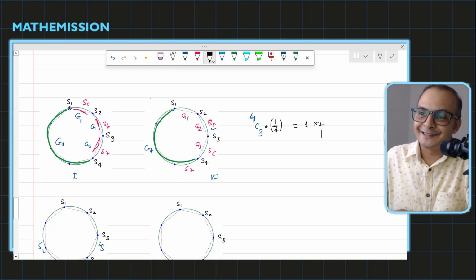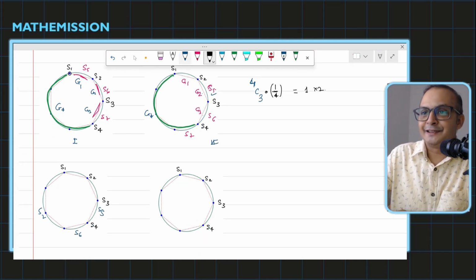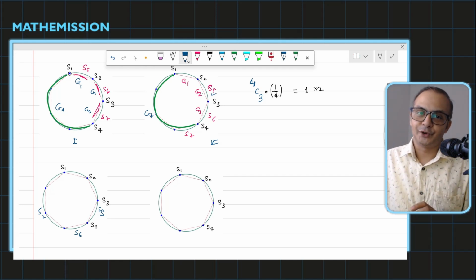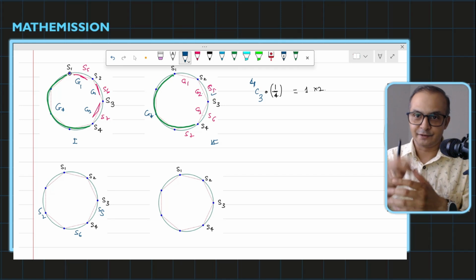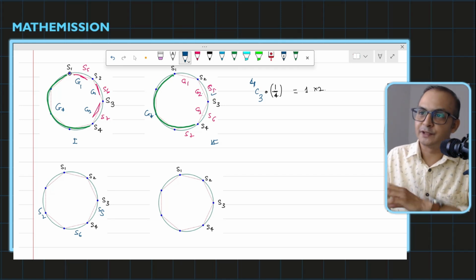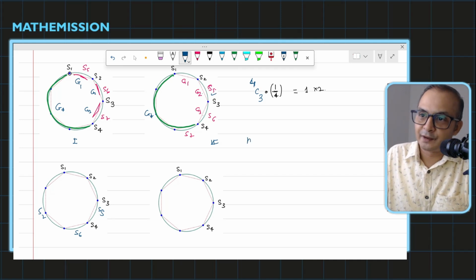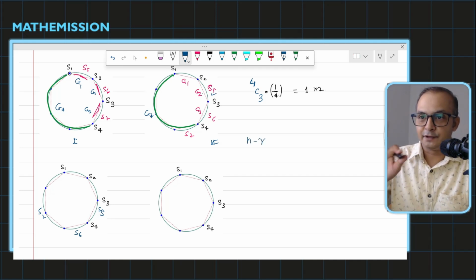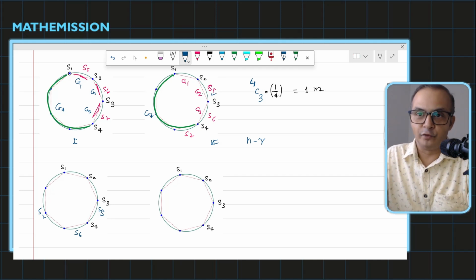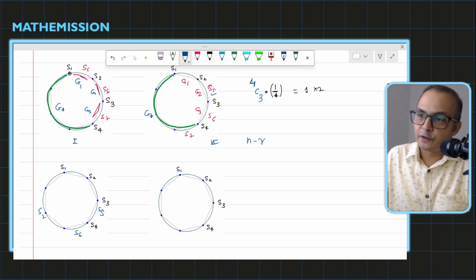So the 4C3 is indicating that suppose I have n total numbers and I'm selecting R members which are non-consecutive. So what we simply do is n minus R. I have the number of gaps, because R you have already removed from that, and out of this n minus R you are selecting R gaps.